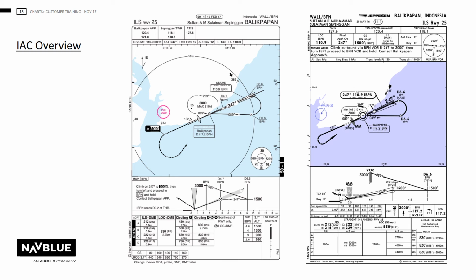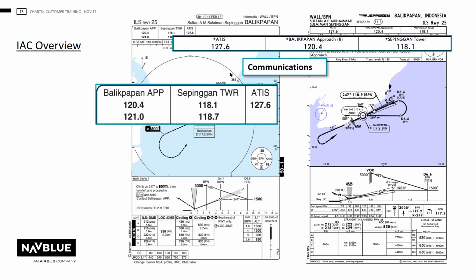We can now look at the differences between the NavBlue and Jeppesen charts. The communications area on NavBlue charts is located at the top and will be in order.